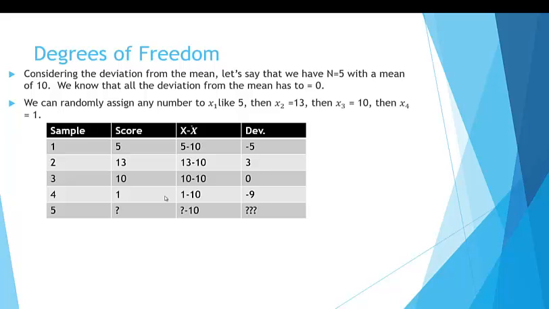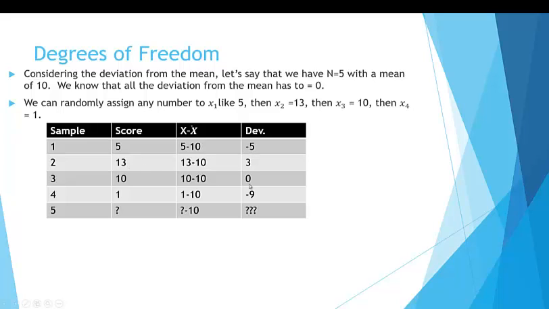You can see what I did here is our mean was 10, and our deviation is on the side. This is important to see because it doesn't matter what we put in these first scores. I could change this first one to a 4, and this would be a -6 on the end. I could change this one to 23, and the deviation would be 13.